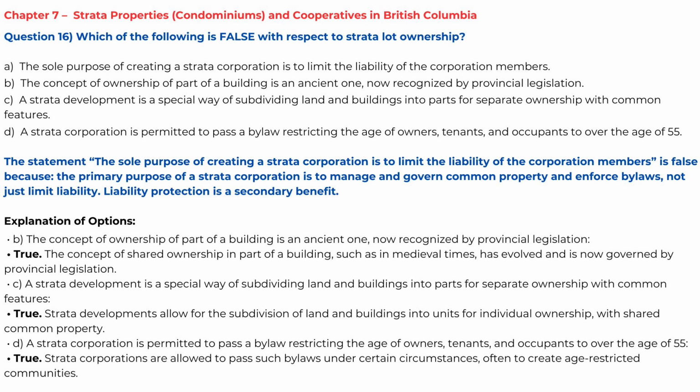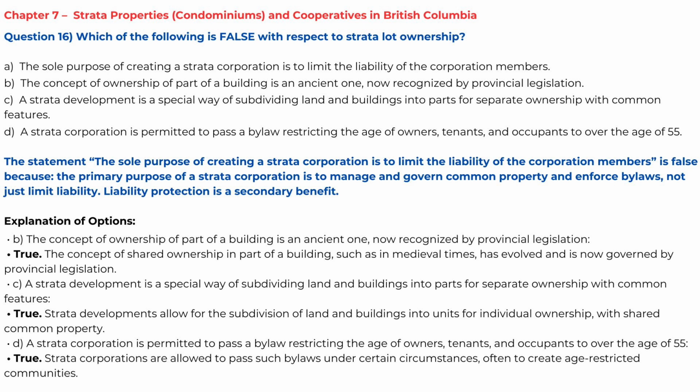Explanation of options. B. The concept of ownership of part of a building is an ancient one, now recognized by provincial legislation. True. The concept of shared ownership in part of a building, such as in medieval times, has evolved and is now governed by provincial legislation. C. A strata development is a special way of subdividing land and buildings into parts for separate ownership with common features.